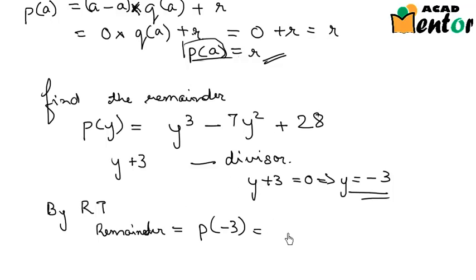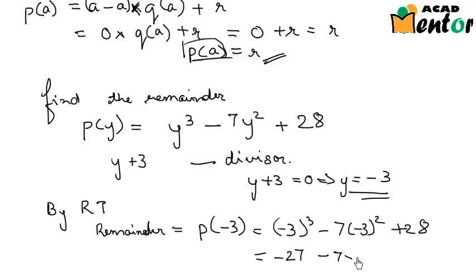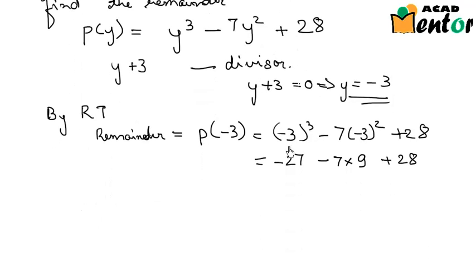That is equal to negative 3 whole cube minus 7 into negative 3 whole square plus 28. Correct? Now this is equal to negative 27 minus 7 into plus 9 plus 28. On solving this further, we would get negative 27 plus 28, minus 7 into 9 would be minus 63.